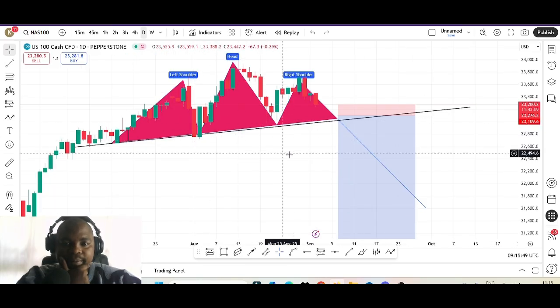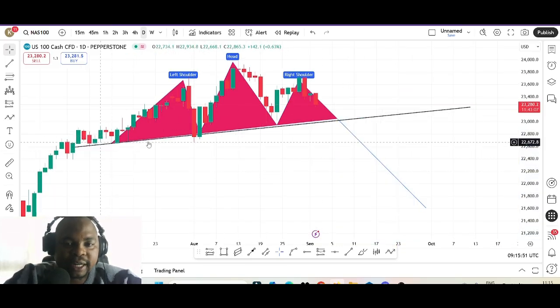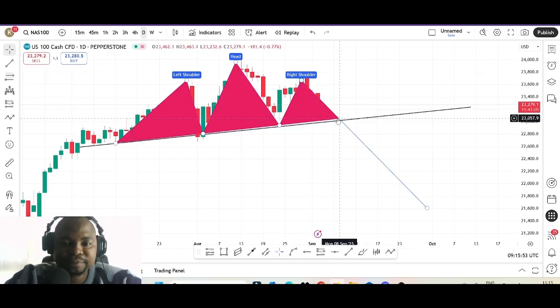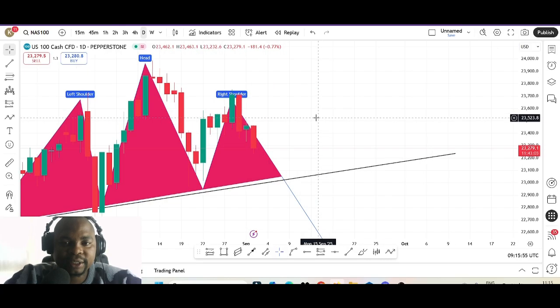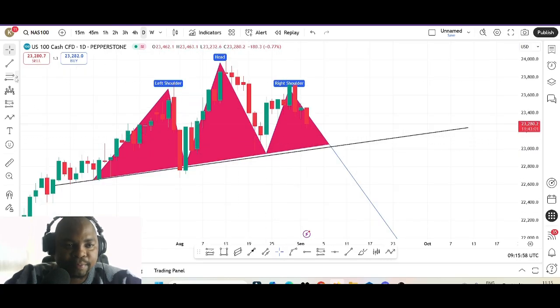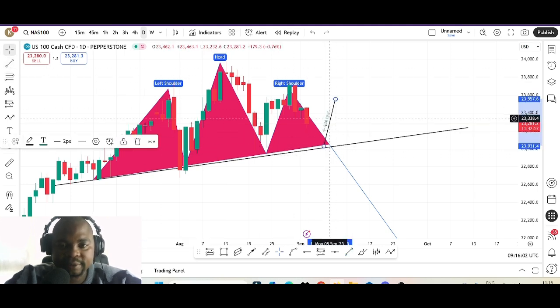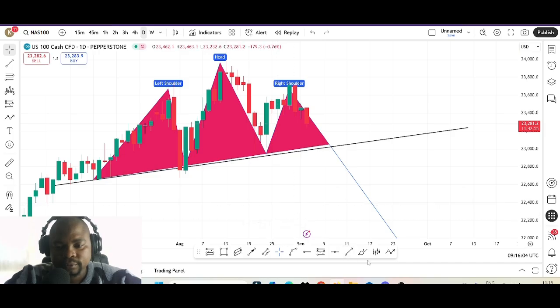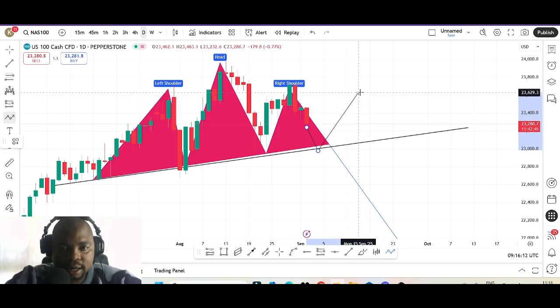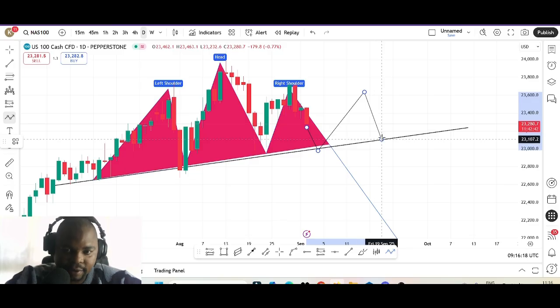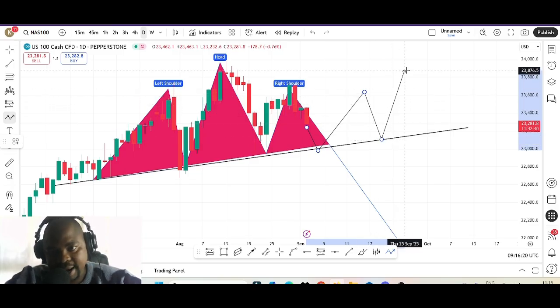Put a stop loss above. You see what I always do on the neckline? When it gets to the neckline, I'm actually going to buy. On this neckline, when it comes here, I'm going to buy, and put it on the previous high and wait and buy.